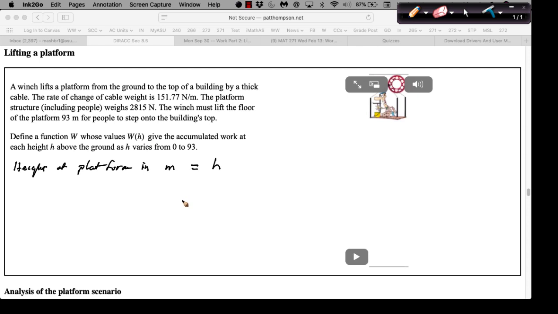Yeah, Tia. The force. So when you say the force of the cable, so like the weight of the cable?